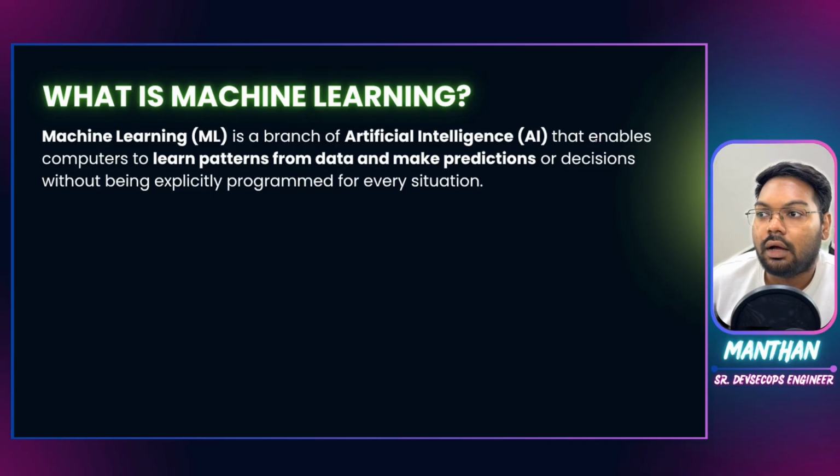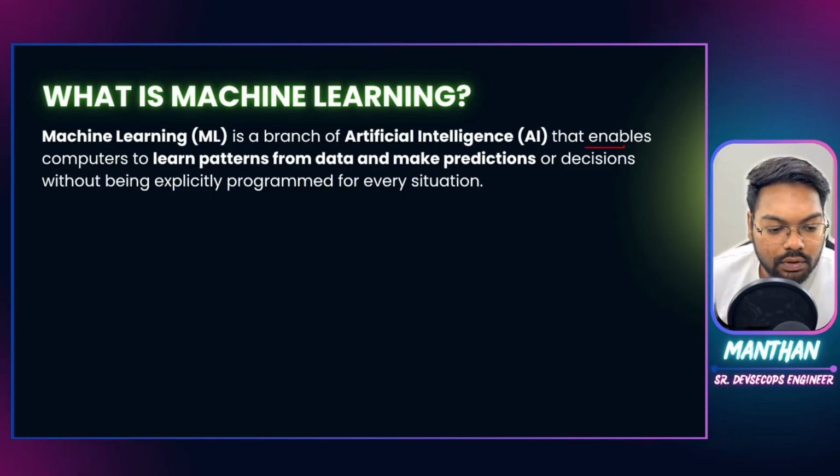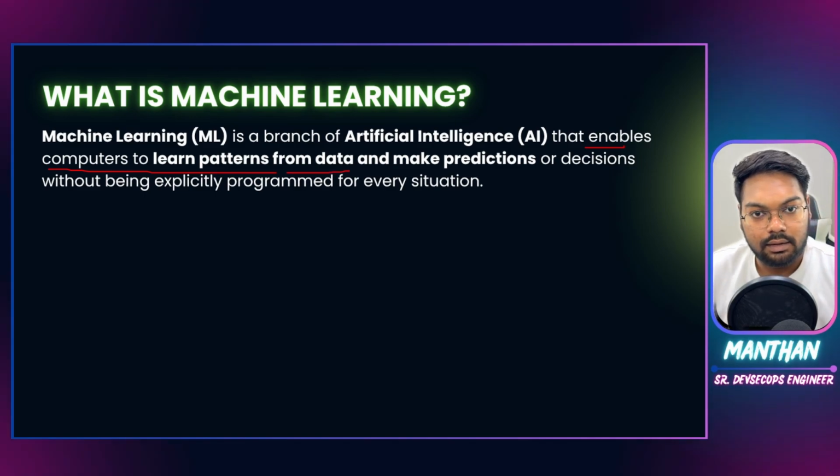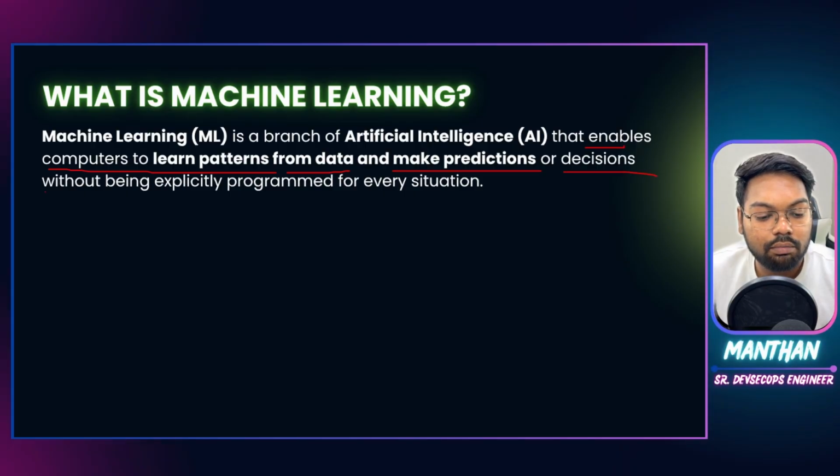What we do usually is enable computers to learn patterns from data that we are going to feed it. And then once that data is stored in that particular machine learning model, it is able to make predictions or decisions without being explicitly programmed for every situation.